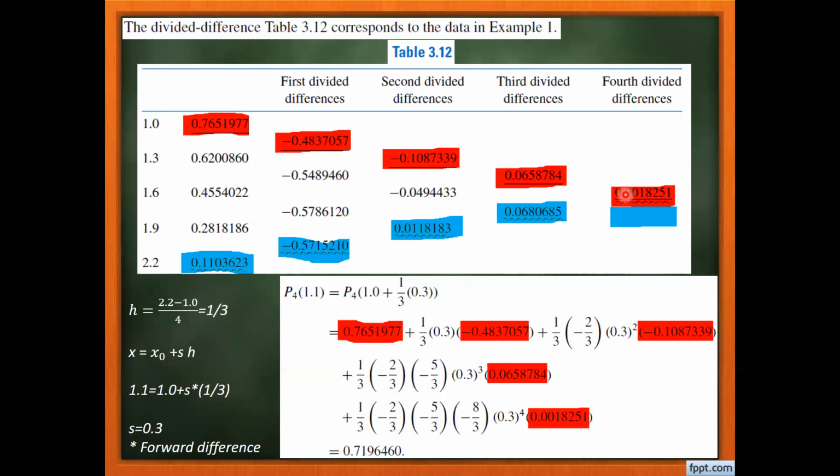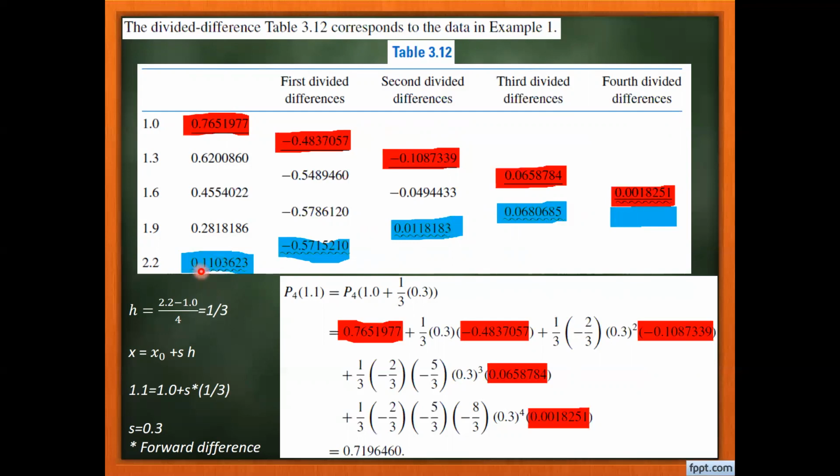Because backward divided difference doesn't make any difference to the formation of the table. So the table will still be the same. The only thing that is going to be different is that in backward divided difference interpolation, I'm going to use the lower diagonal values.